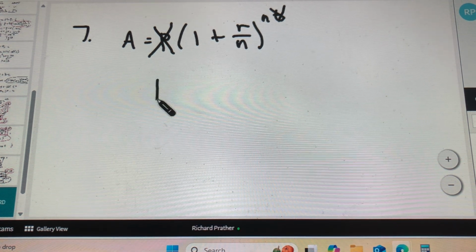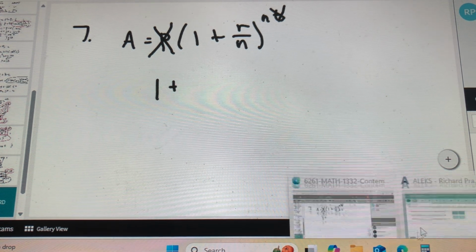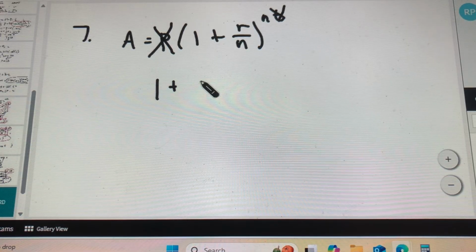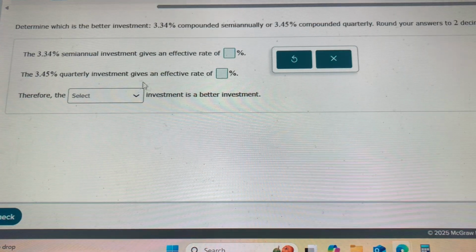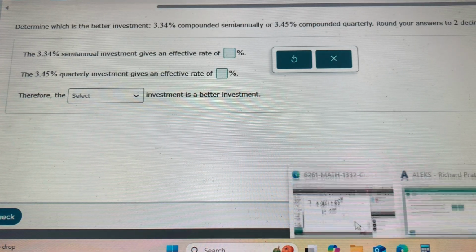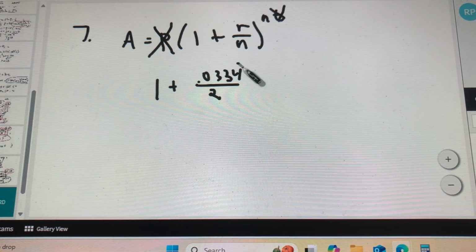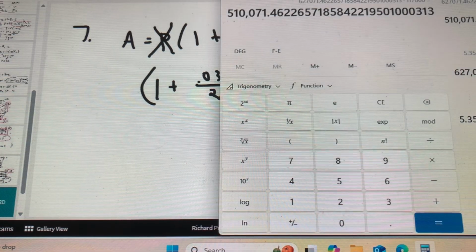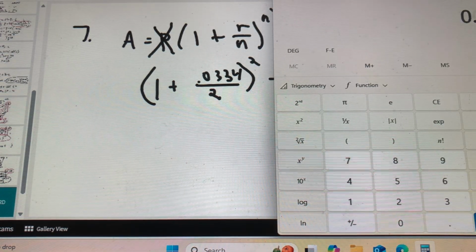So if I do 1 plus 3.34% become 0.0334. And that one is compounded semi-annually, so then put the 2 twice. So you just have to do the fraction, 0.0334 divided by 2.